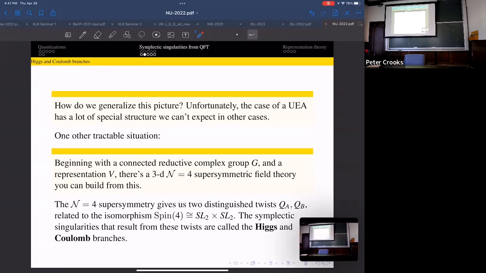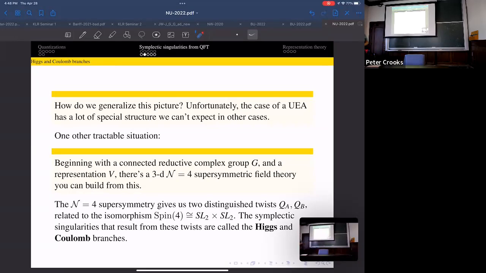When I ask for other things about the A-twisted theory, that will have something to do with the Coulomb branch. And when I ask for other things about the B-twisted theory, that will tell me something about the Higgs branch. You've written papers about this, right? Yeah, but I'm interested in the perspective you're advocating.